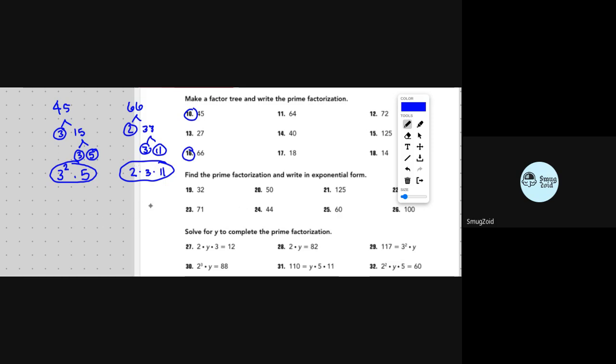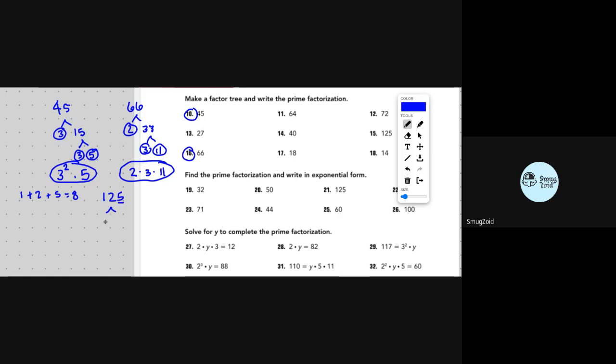All right, and then let's try one of these down below. How about 125? So we're doing number 21 next. 125, it's not divisible by 2. If you check for divisibility of 3, we've got 1 plus 2 plus 5. Remember, you add the digits to see if the sum is divisible by 3. So 3 plus 5 is 8, not divisible by 3.